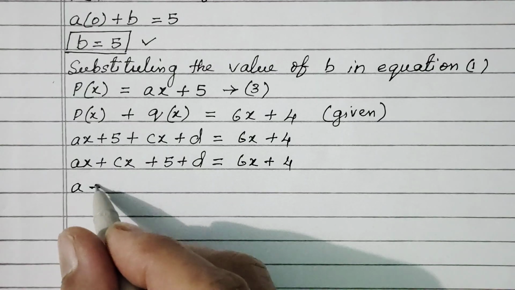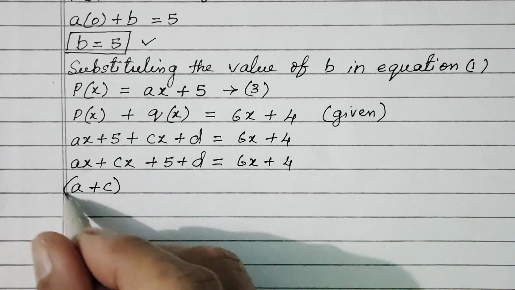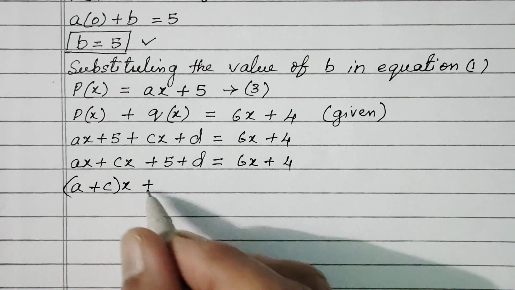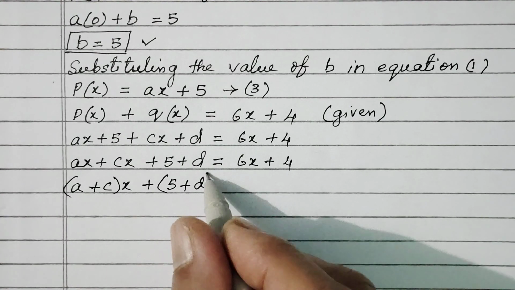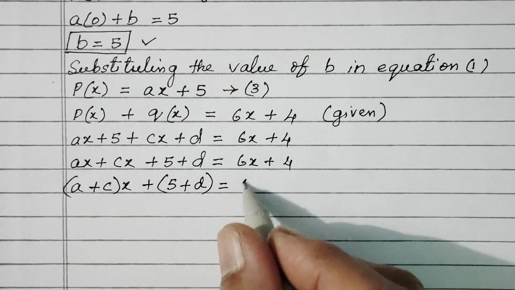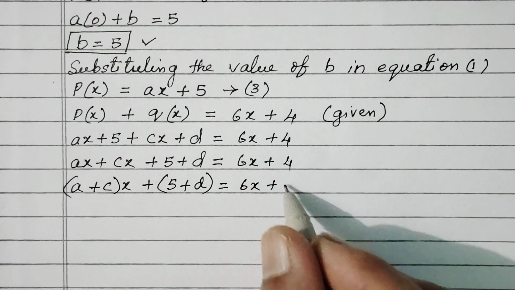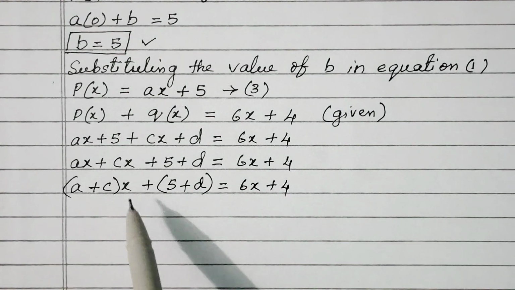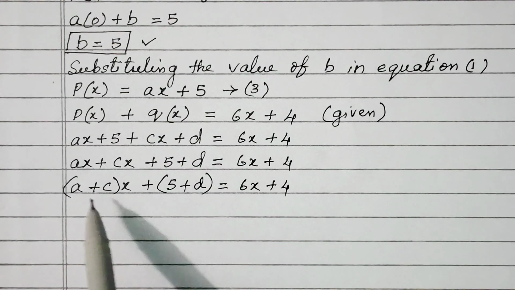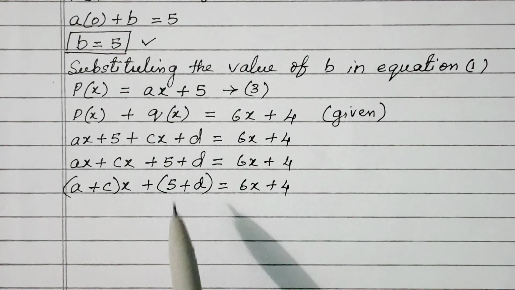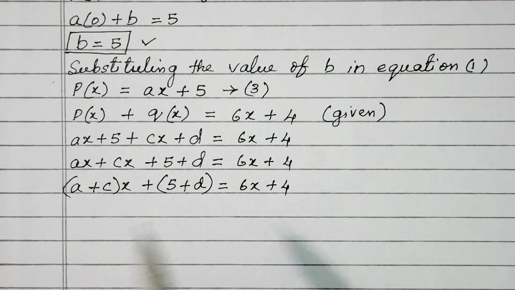So (a plus c) times x plus (5 plus d) is equal to 6x plus 4. Now when we compare the left hand side with the right hand side, you can see that a plus c will be equal to 6, and 5 plus d will be equal to 4.